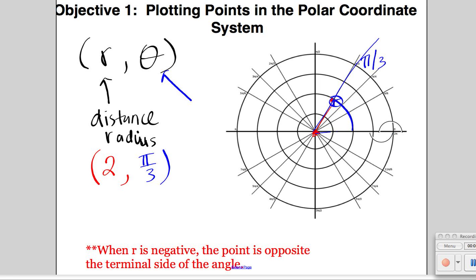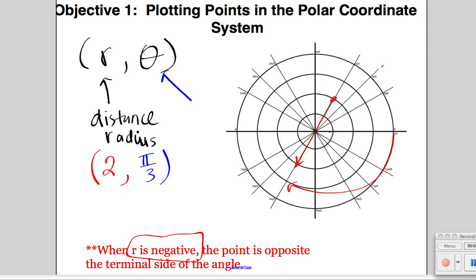Now there is a second way to describe this coordinate, and that is when we use r negative. When r is negative, the point is opposite the terminal side of the angle. For instance, the point opposite of this is right here, directly across from it, in the opposite quadrant.